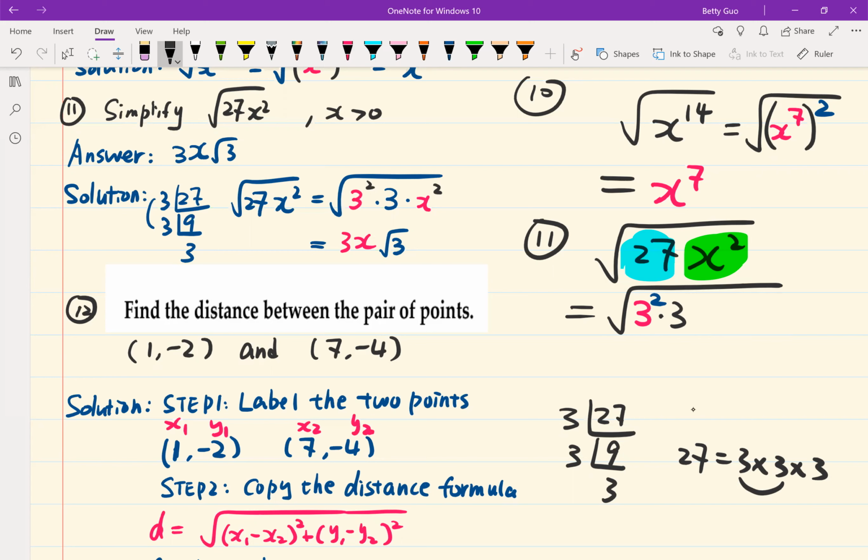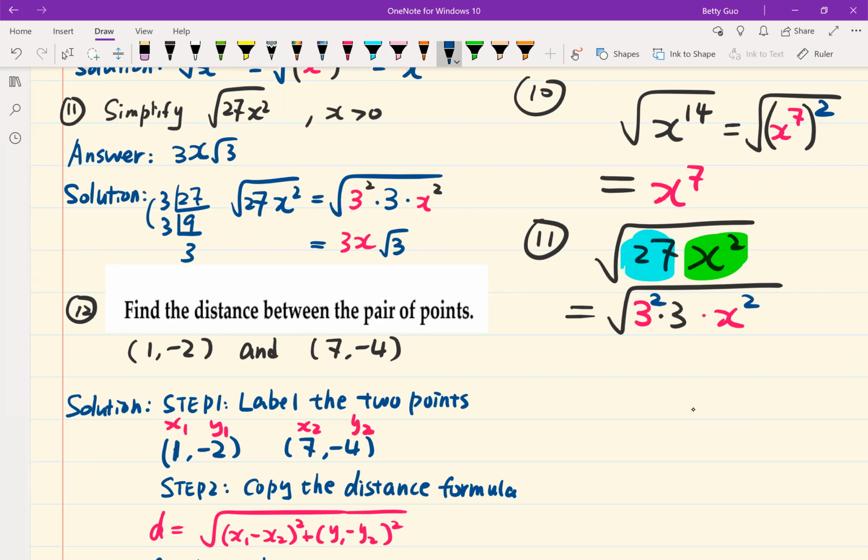The variable part, x squared. Exponent 2 is even. Actually, x squared is just x to the power of 2. The variable part itself is a perfect square. So we write the base x in red, exponent 2 in blue.